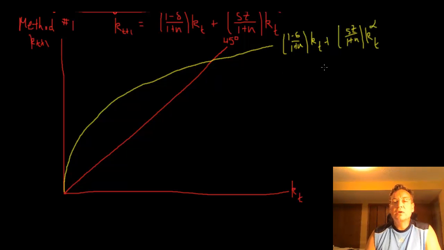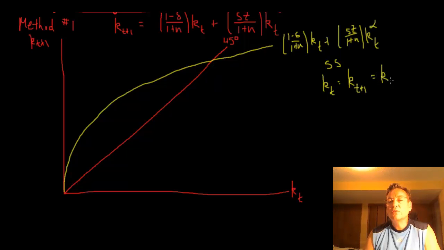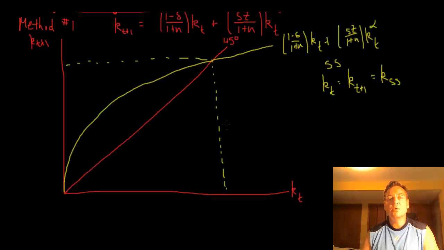Now the key here is that the steady state is going to be where kt equals kt plus 1, and that's then just what we call kss. What the 45-degree line does is it tells us exactly the point at which kt is equal to kt plus 1.